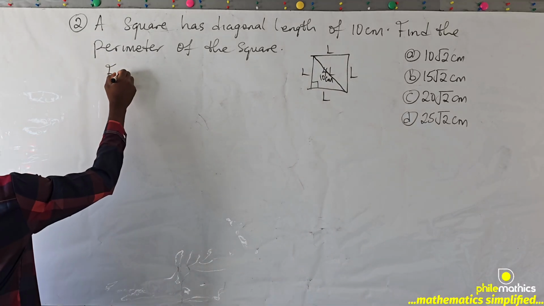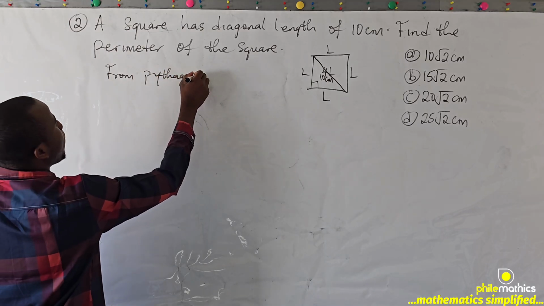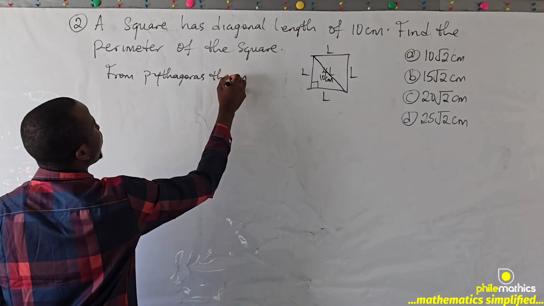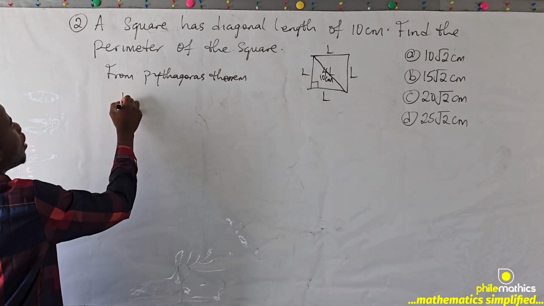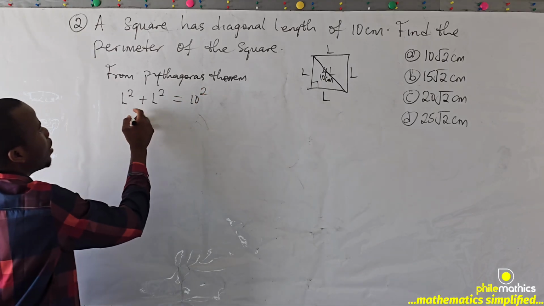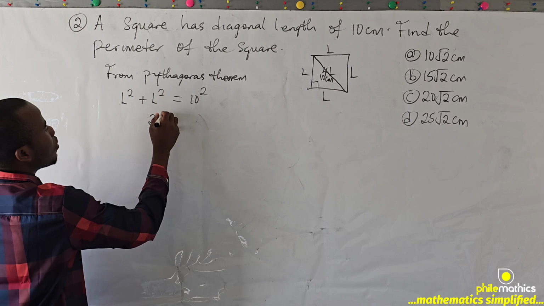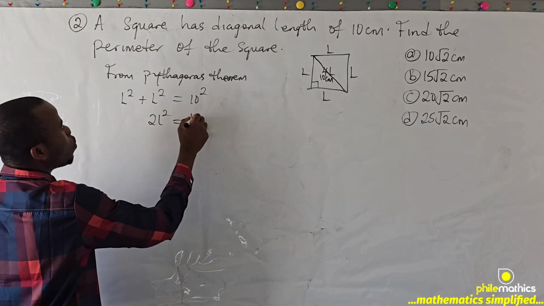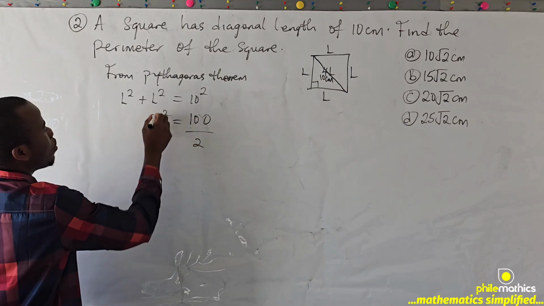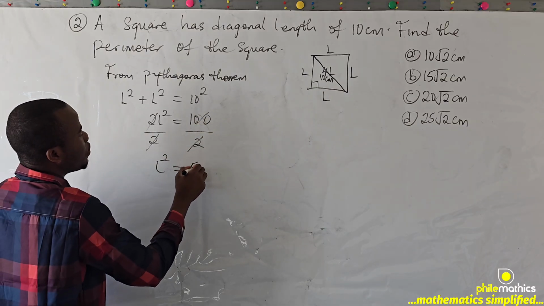So from Pythagoras theorem, L square plus L square should give 10 square. L square plus L square is 2L square. And 10 square is 100. We can divide both sides by 2. And L square is 50.